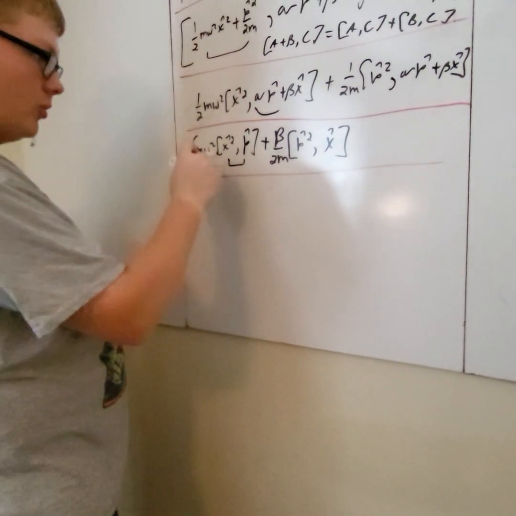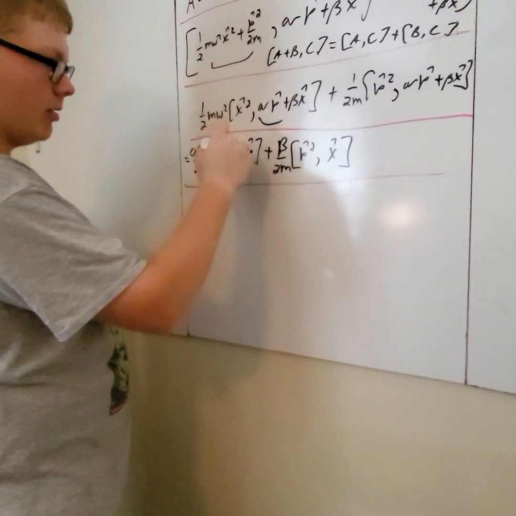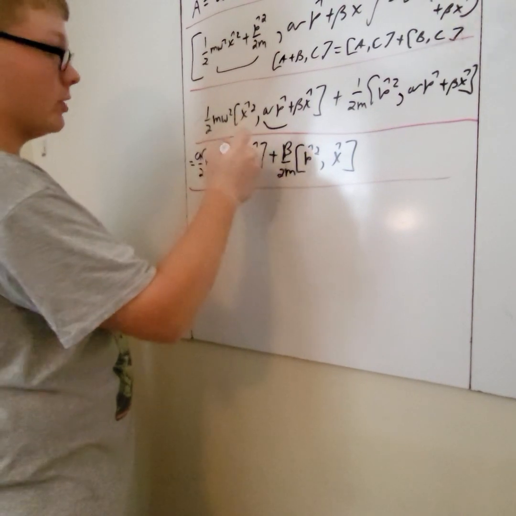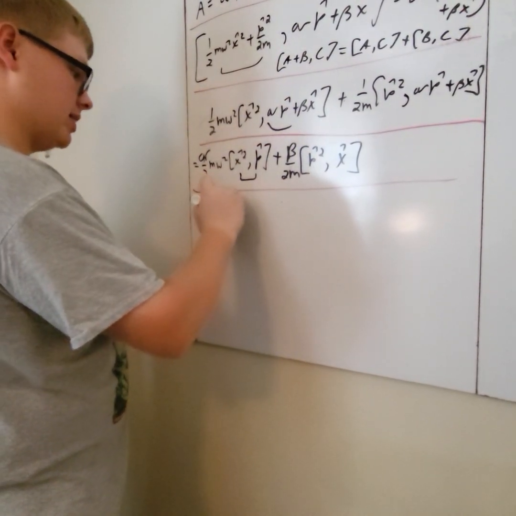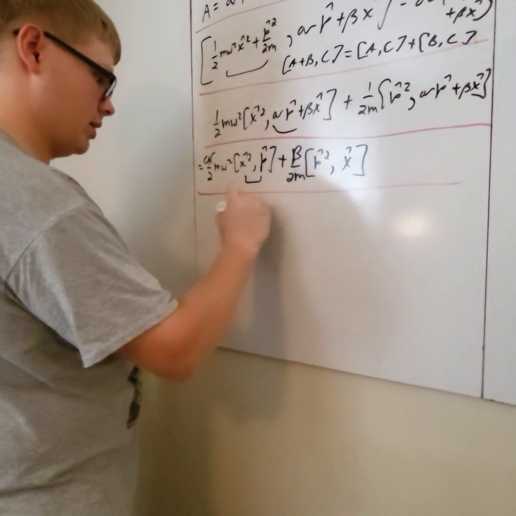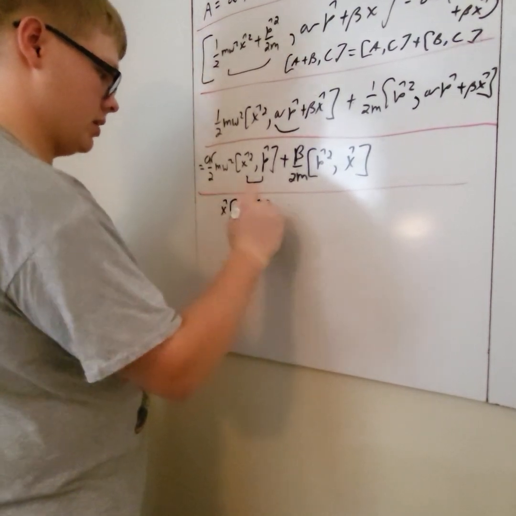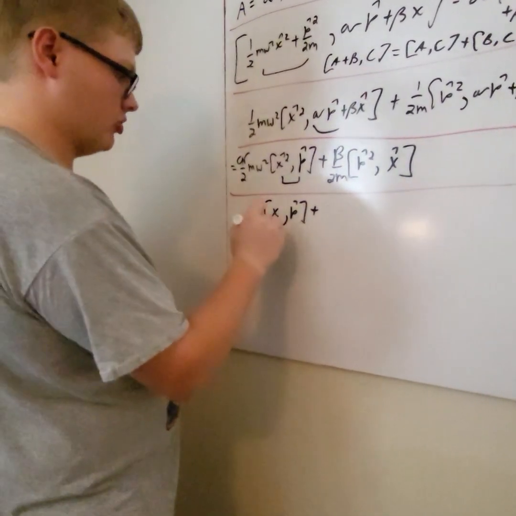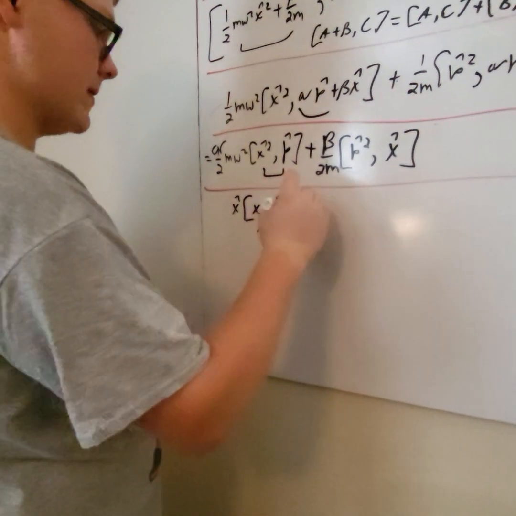Okay, so the position operator squared, the commutator with the momentum operator. We're going to decompose this, get rid of the x squared and just describe it in terms of x and p.